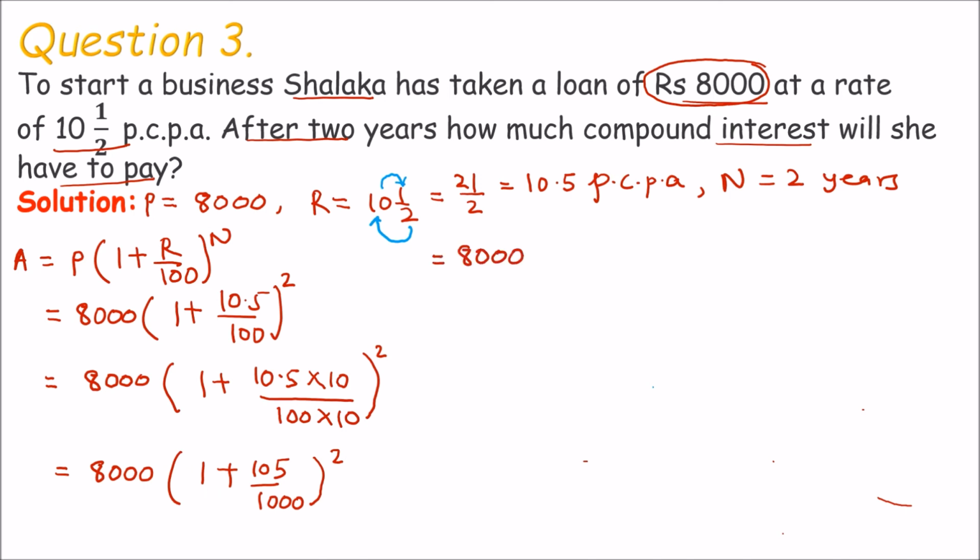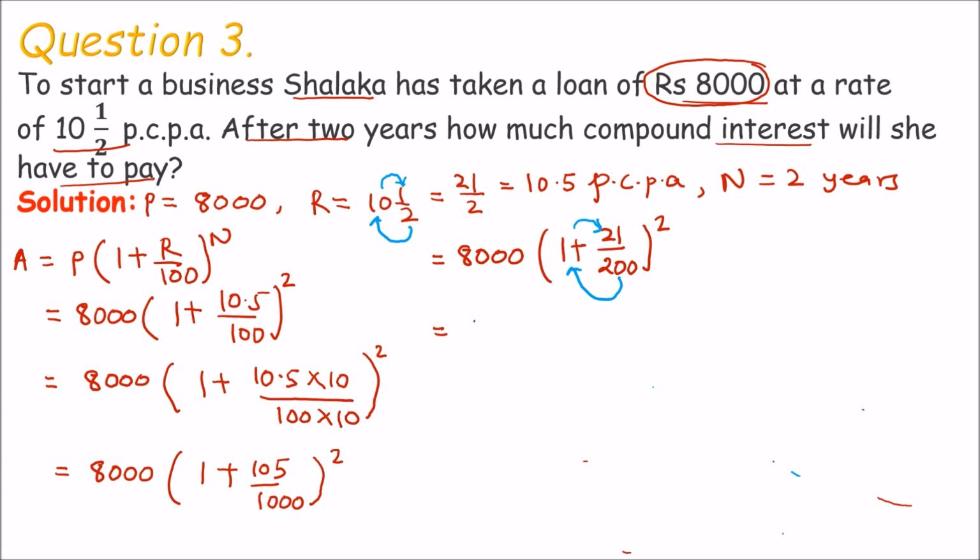8,000 (1 + 21/200) raised to 2. Now we'll add 1 with 21 upon 200. So how to add? 200 into 1 is 200, plus 21. 200 plus 21 is 221.